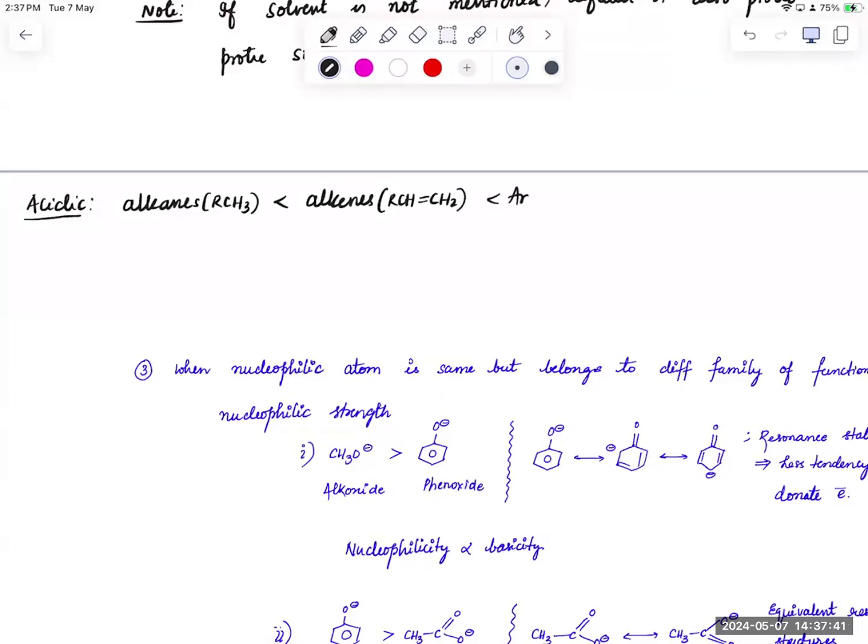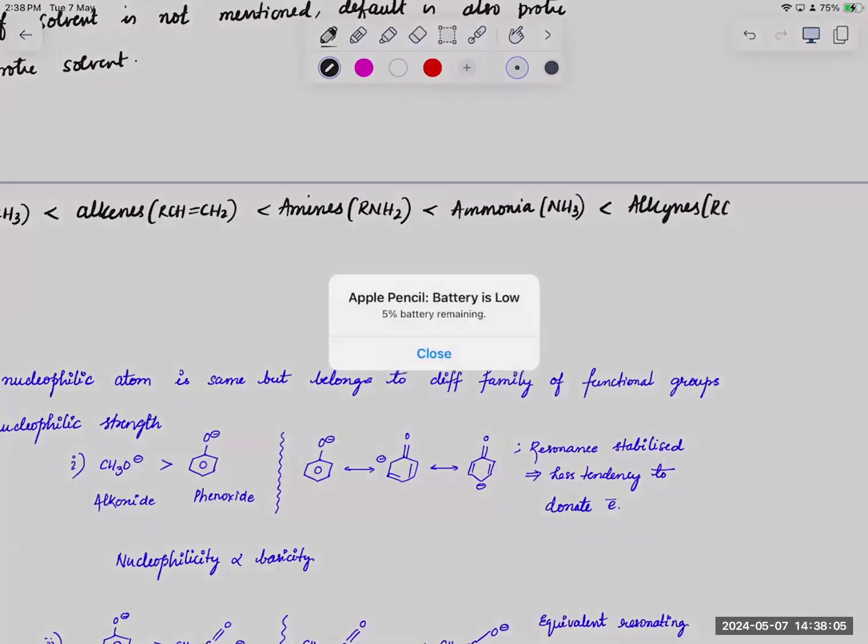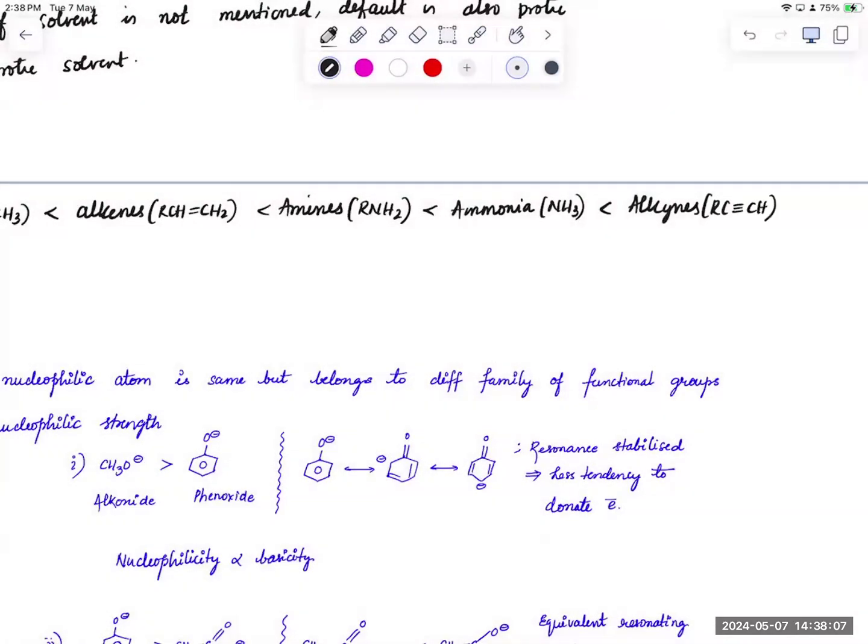Then we will have amines, which are again very weak acids. Then we have ammonia, NH3. Then we have alkynes, RC triple bond CH.